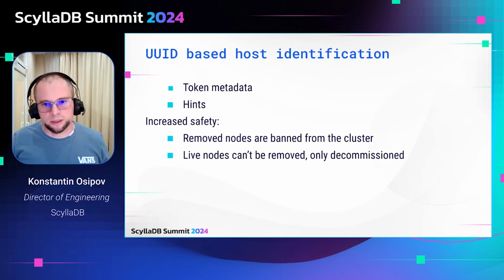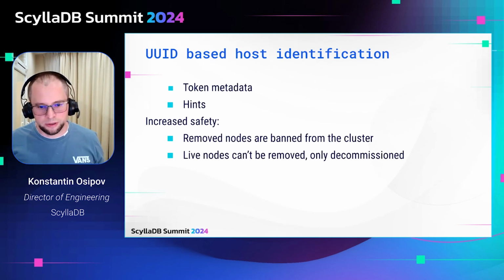Most of the systems in Scylla switched to UUID-based host identification. It's the host identifier we use in Raft, and it's way more reliable than IP addresses to understand which node we are talking to.